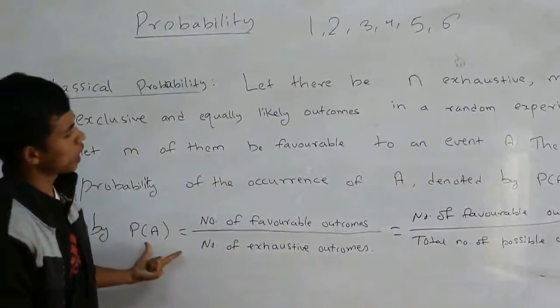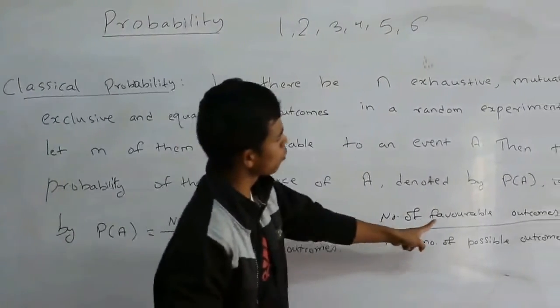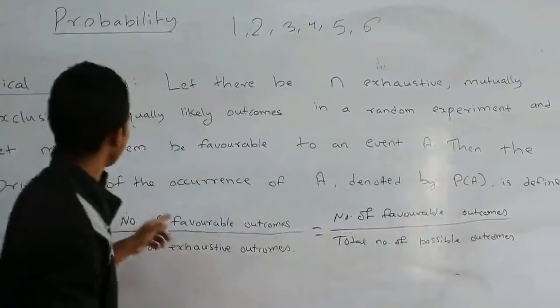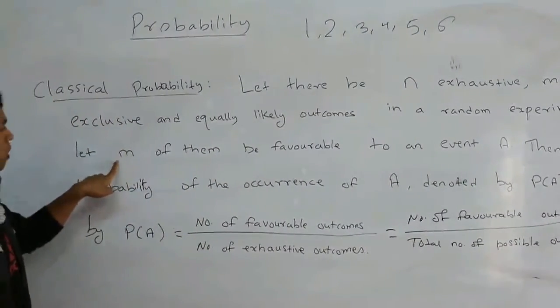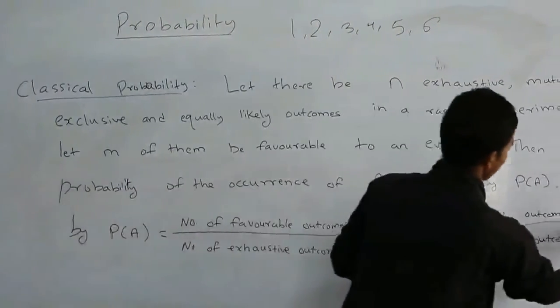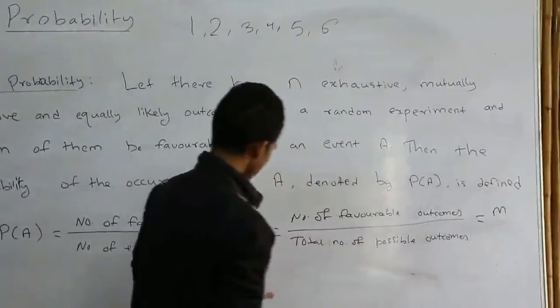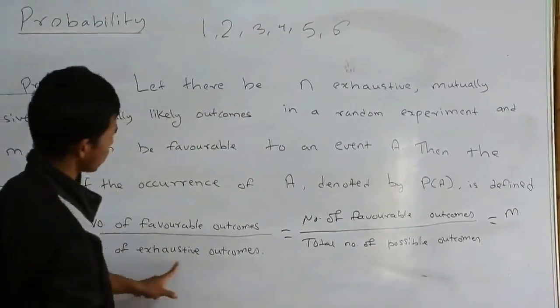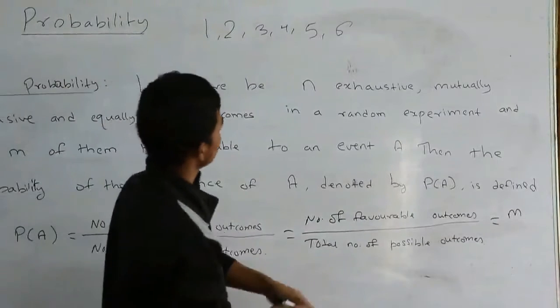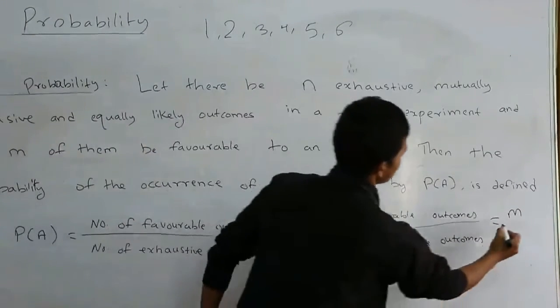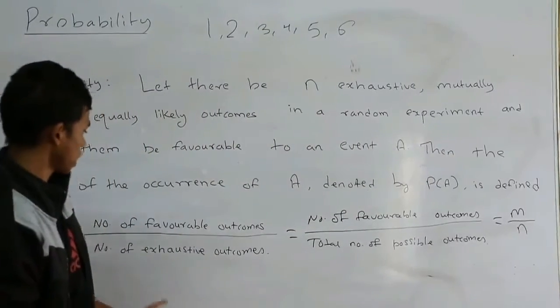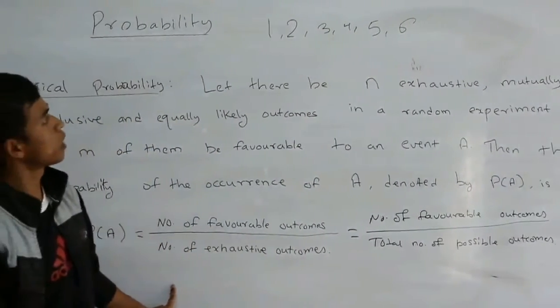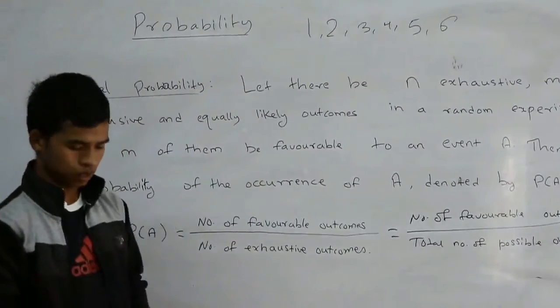Here the number of favorable outcomes, favorable to the event A, there are m of them. So in this place I can write m, and the total number of all possible outcomes, there are n of them. So P(A) = m/n.